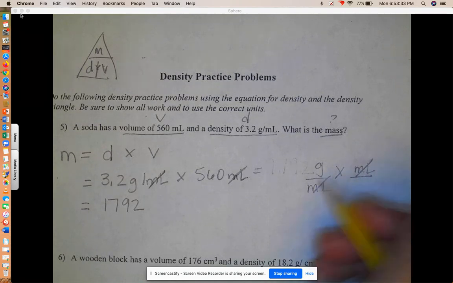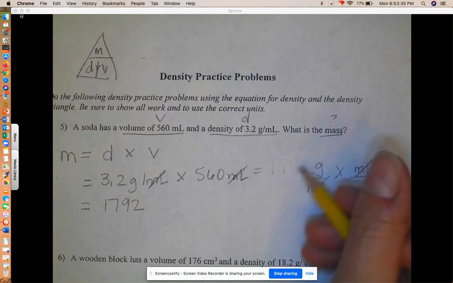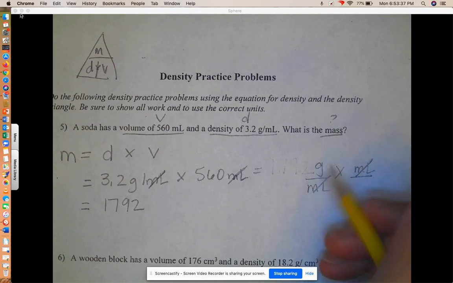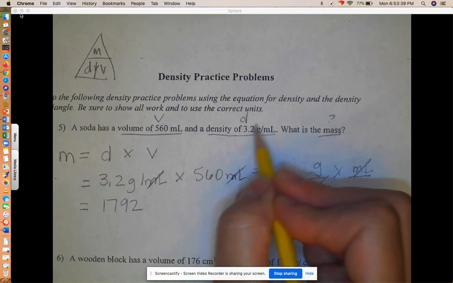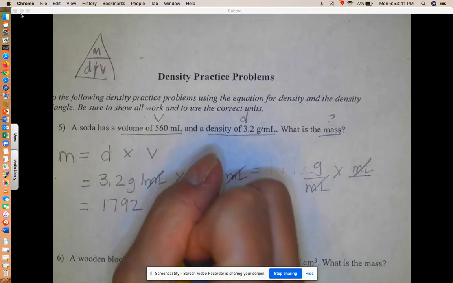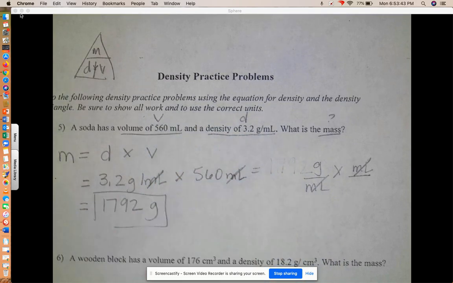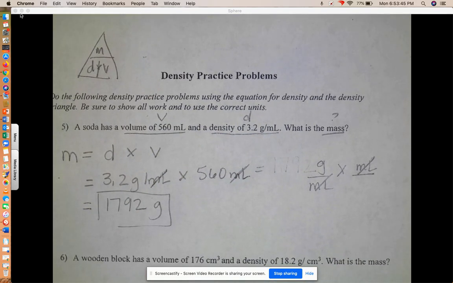When you're trying to cancel with fractions, they cancel each other out and you're just left with grams. So whatever mass unit is in your density right here, that would be the unit that you use for your mass answer, right? And that makes sense, right? The problem has to make sense. Mass is measured in grams, so that makes sense.